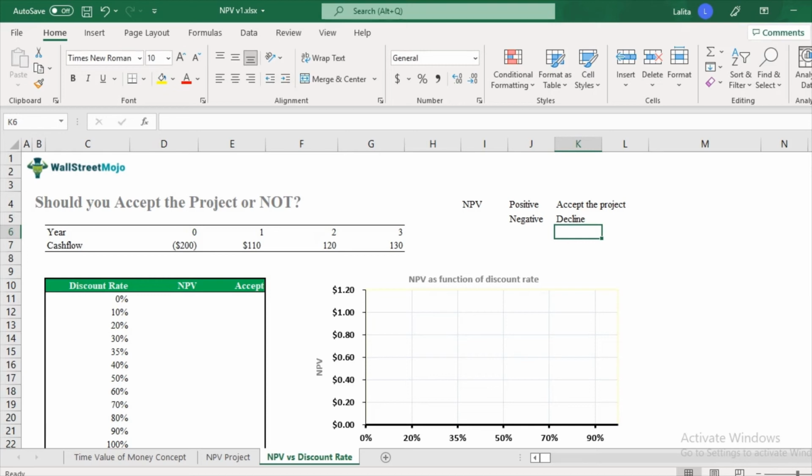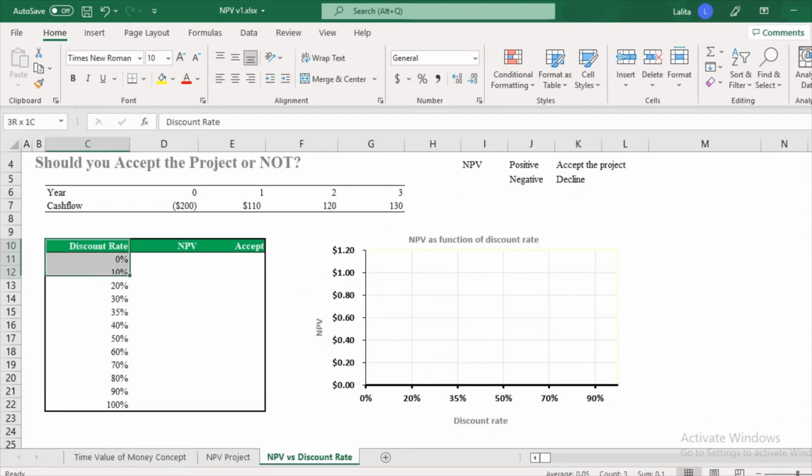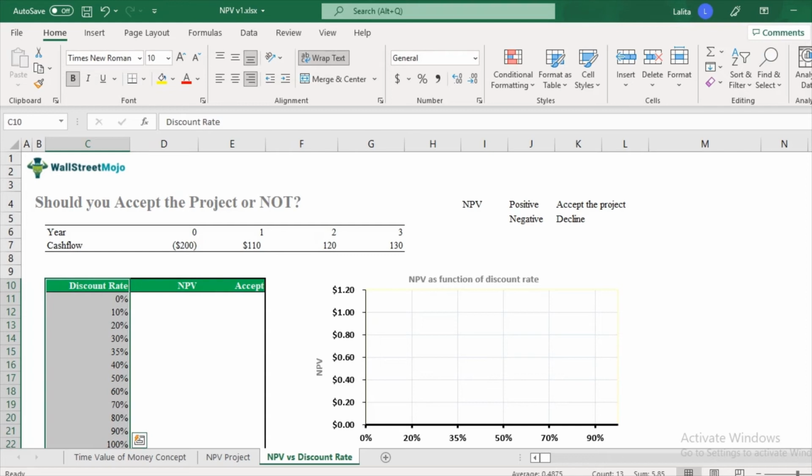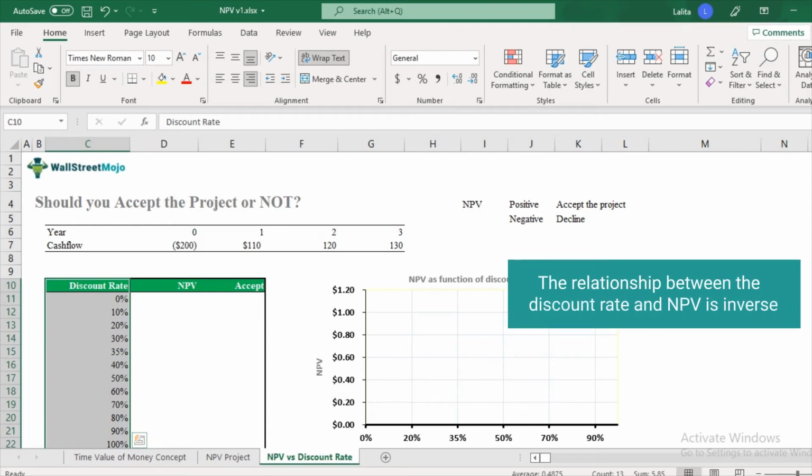Now another important thing to look at here is the discount rate. When you calculate NPV, you might have realized that the discount rate comes in the denominator. When we were calculating the present value, the discount rate comes in the denominator. This essentially means that the NPV has an inverse relationship with discount rates.